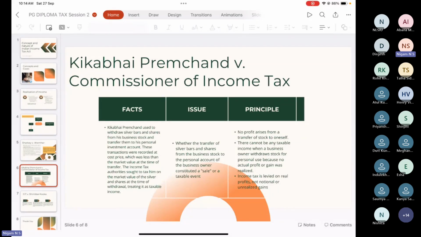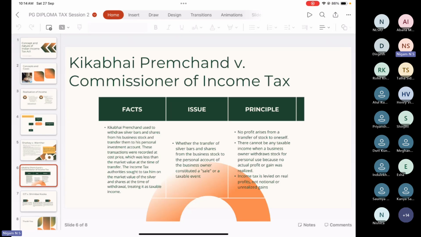There cannot be any taxable income when a business owner withdraws stock for personal use because no actual profit, and when they say no actual profit, they mean no actual profit for tax purposes or gain was realized. Income tax is levied on real profits, not notional or unrealized gains. Right?